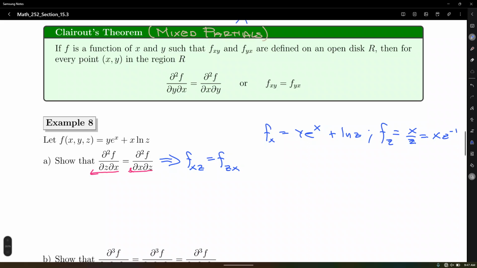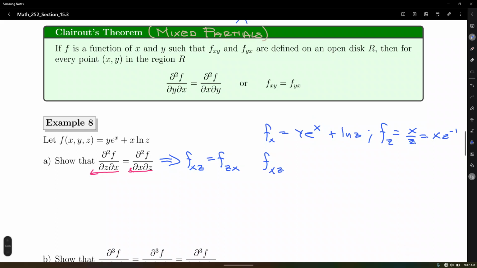All right. So now let's take the remaining. Actually, I'm not going to do fxx and fzz, because we don't need them. We only want the mixed partials. That is, f with respect to x, then with respect to z. That is, this quantity right here with respect to z.